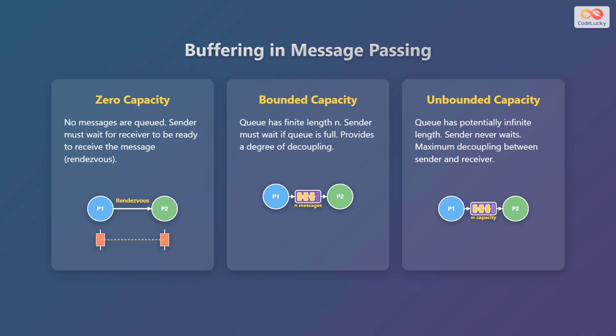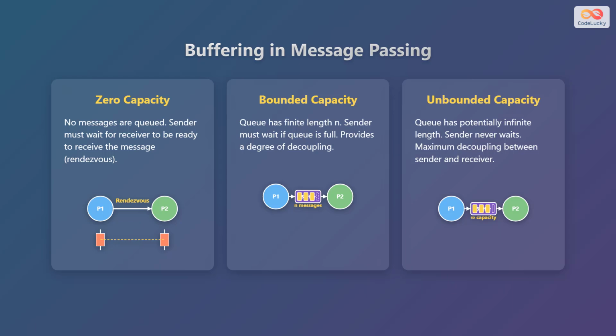Buffering in message passing can be categorized into three types: zero capacity, bounded capacity, and unbounded capacity. Zero capacity means no messages are queued, and the sender must wait for the receiver to be ready. This is known as rendezvous. Bounded capacity means the queue has a finite length n, and the sender must wait if the queue is full.